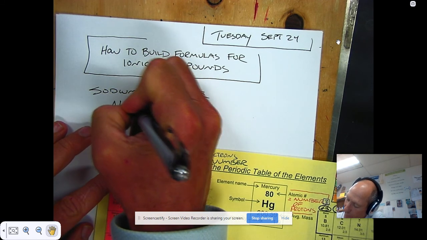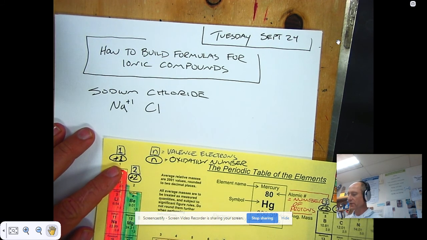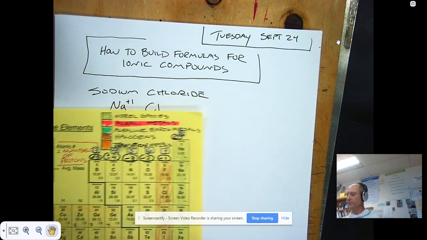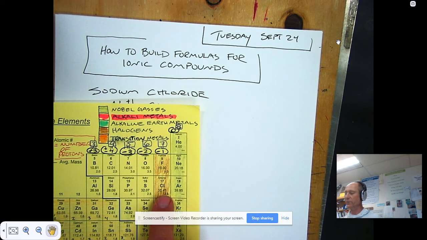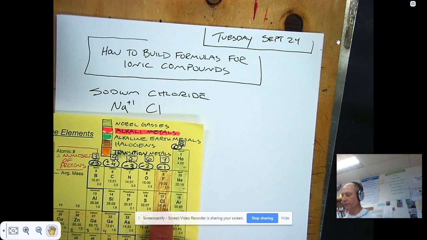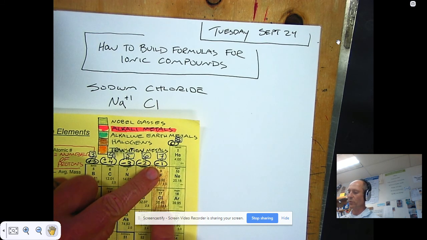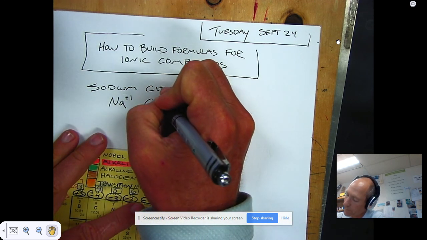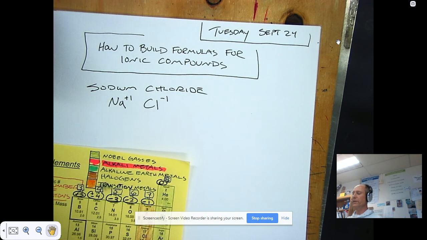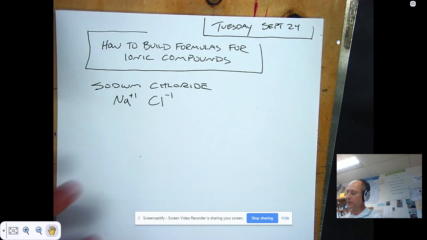So I can just write that +1 right there. And then chlorine turns into chloride, which is the ion form of chlorine, and it is most stable with a charge of 1- or -1. You could write it either way, it doesn't matter.